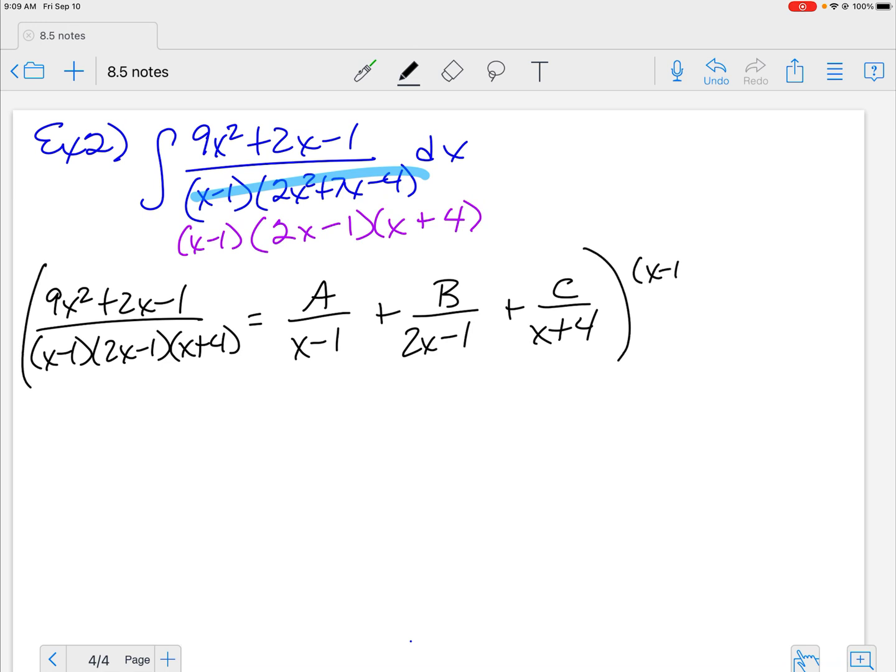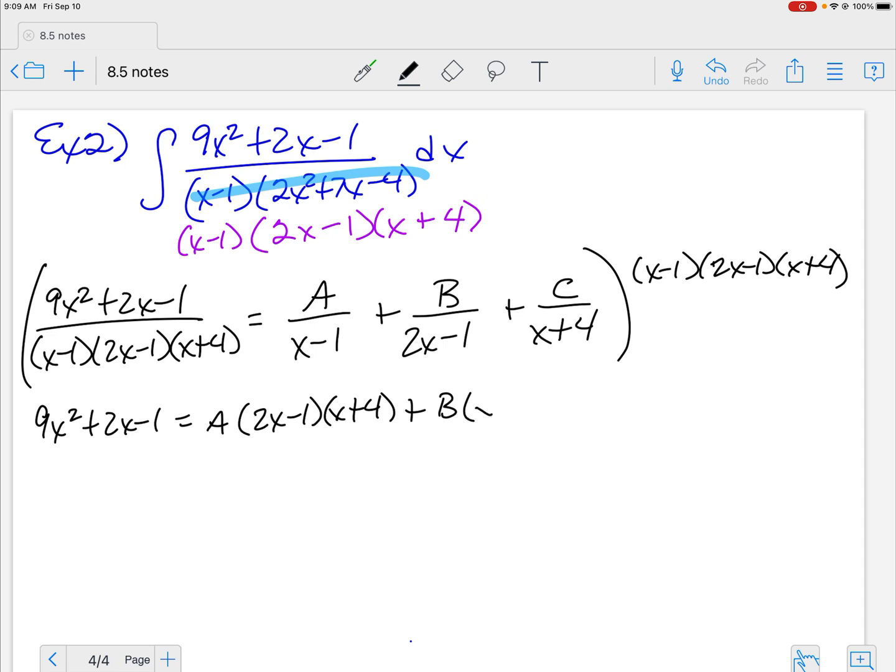Represent the whole thing. x minus 1, 2x minus 1, and x plus 4. So I end up with 9x squared plus 2x minus 1. This is A times my other two factors, B times my other two factors, and C times, you guessed it, the other two factors.